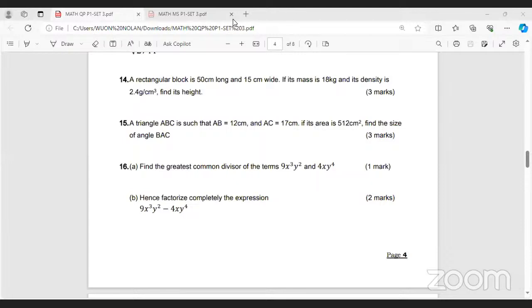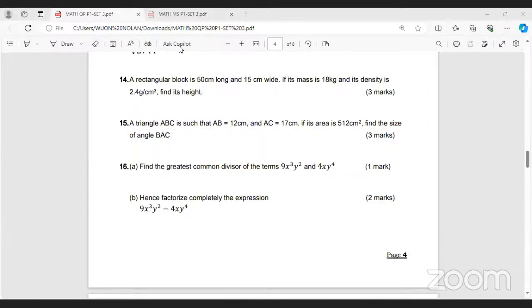I give a chance to someone who can explain. By show of hands, someone who can explain that question. William Kibet, take it up.